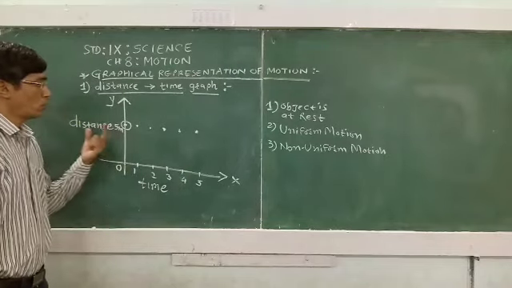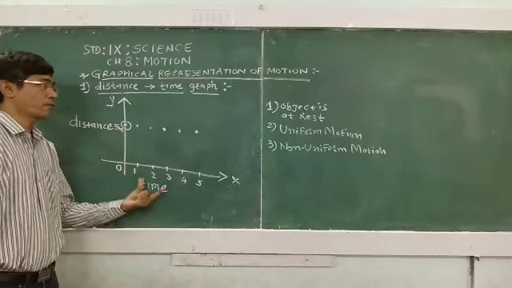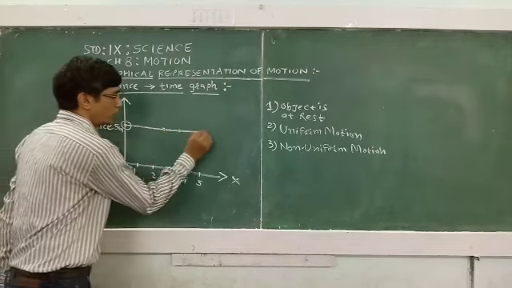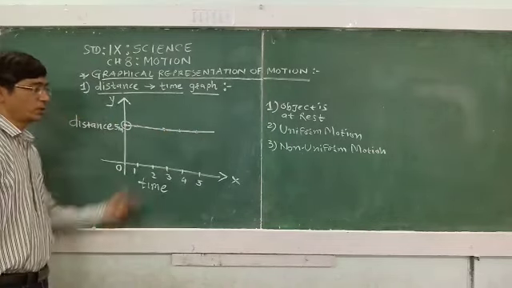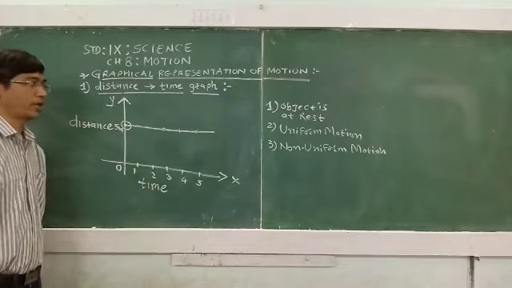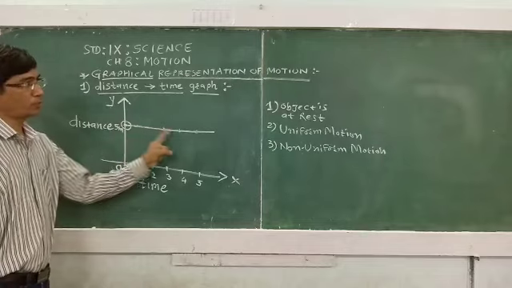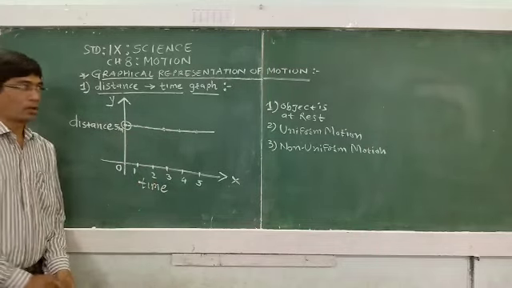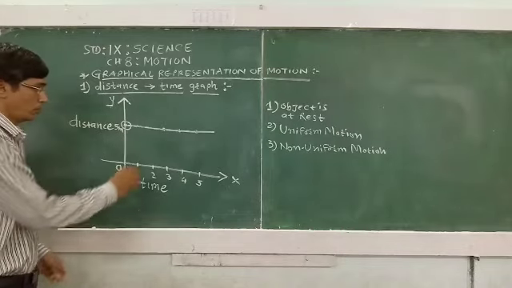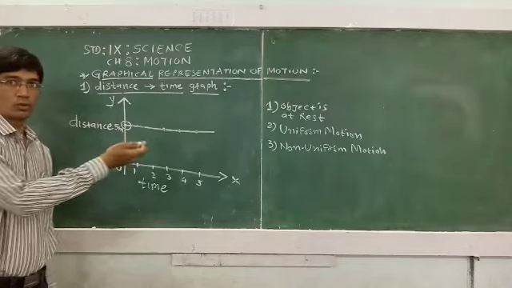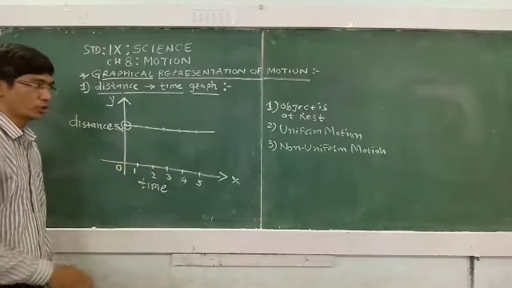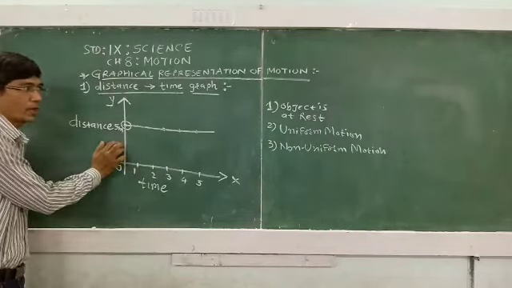So the distance versus time graph for an object at rest is a straight line parallel to the time axis, the x-axis. In this case the velocity is 0 because the object is at rest. No distance is covered and the object's position does not change. This is the first graph.